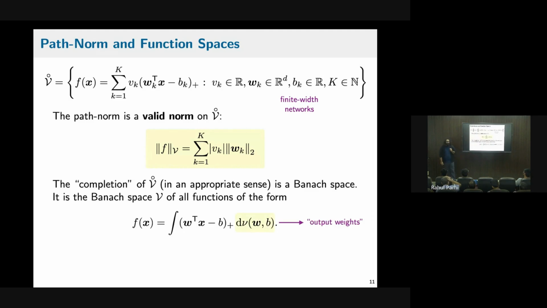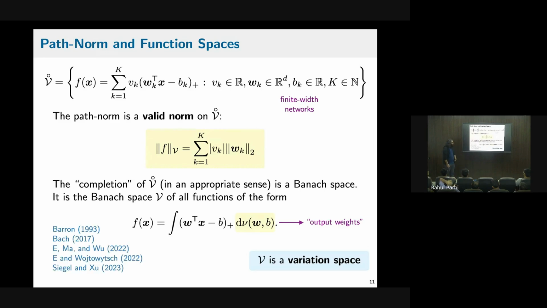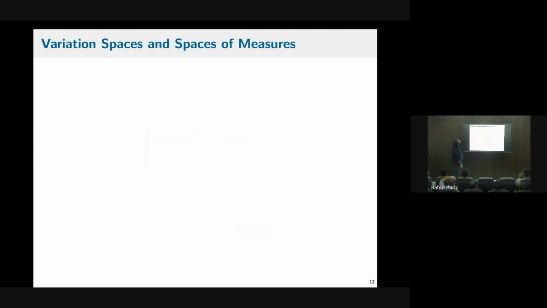So this measure nu that we're integrating against is just playing the role of the output weights. And these spaces have a name. People call them variation spaces, among other things. And this formulation of studying neural networks is very classical. It goes back to some foundational work of Andrew Barron, which was then followed up by a lot of other people. Cool.